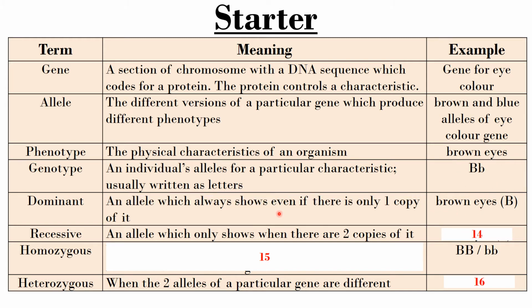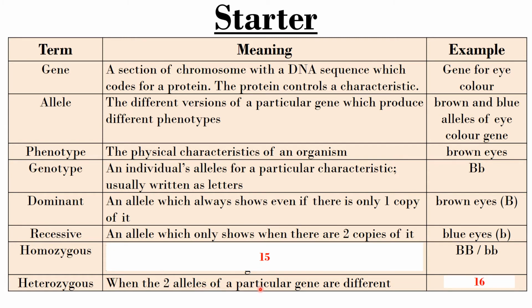Dominant is an allele which always shows, even if there's only one copy of it. So the example here is brown eyes, big B. An allele which only shows when there are two copies of it, so 14 would be the blue eyes allele, which is small b. And then homozygous, well, I guess you can use heterozygous to help you here.